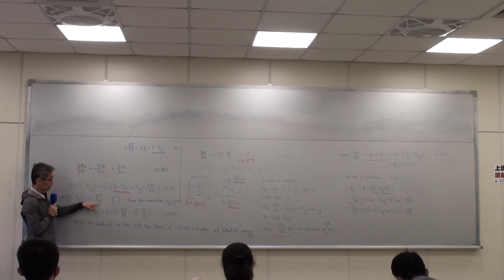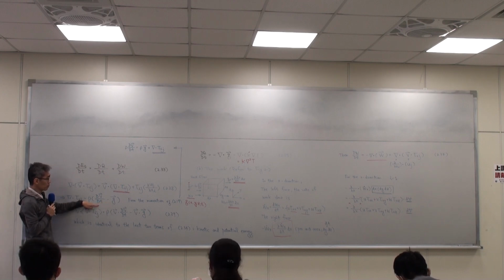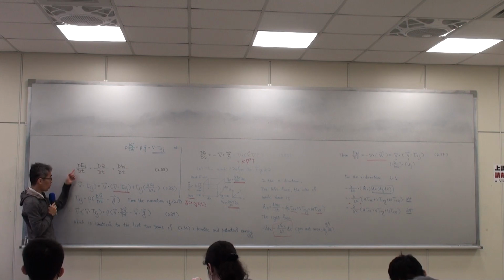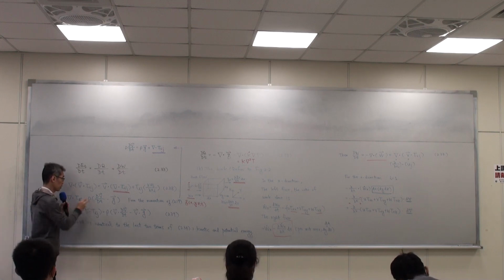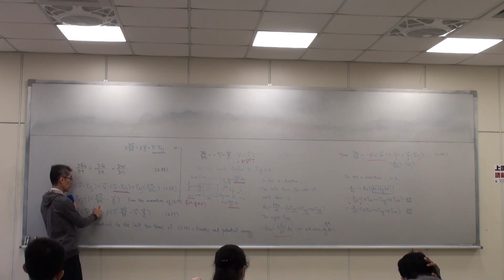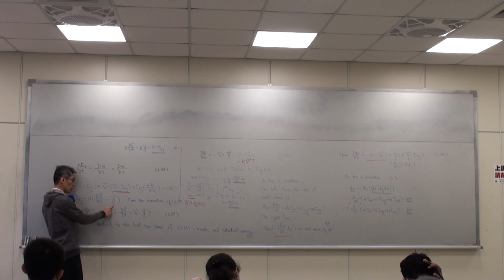And these two terms are the same as what we previously wrote down for the total energy that has potential energy and the kinetic energy. This is related to the kinetic energy, and this we relate to the potential energy.